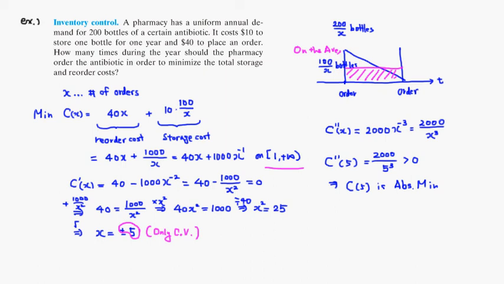So the number of times we should order bottles of antibiotics is 5 times per year. This will minimize the total storage and reordering cost. All right, that's it. I hope that this was clear.